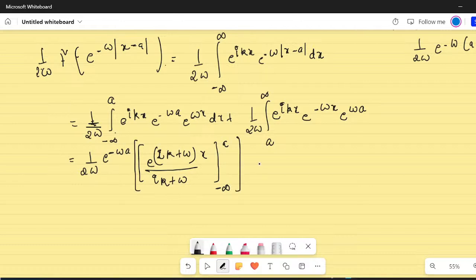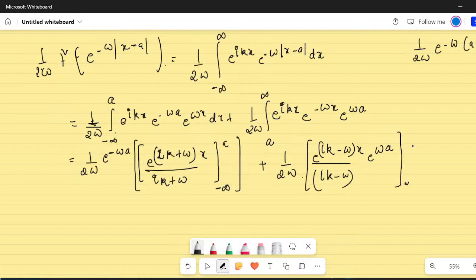This is one part, and then 1 upon 2 omega, I will get e to the power iota k minus omega times x divided by iota k minus omega, with e to the power omega a, and this is from a to infinity.